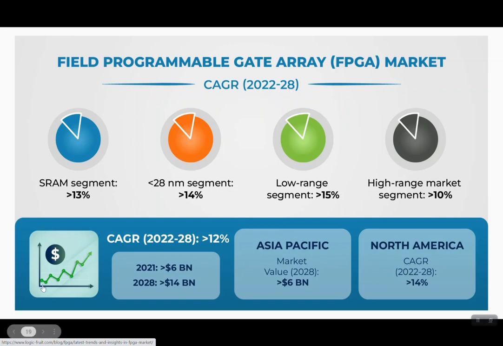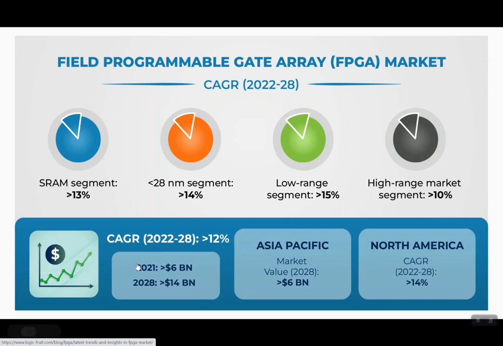As you can see, it's growing at a very fast rate. These are the market segments: SRAM segment, less than 28 nanometer segment, low range segment, high range market segment. So they are growing, I'll say, exponentially.